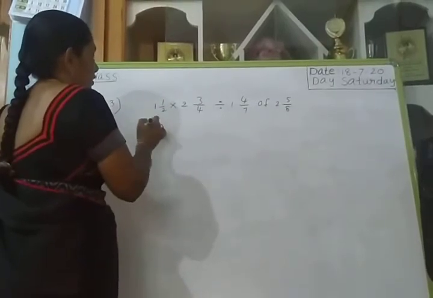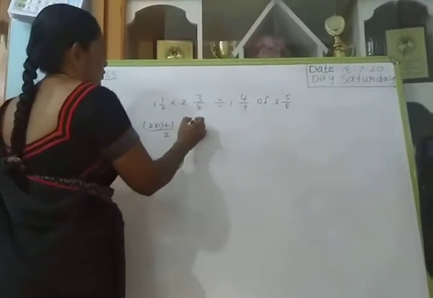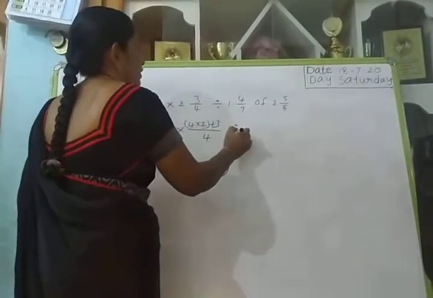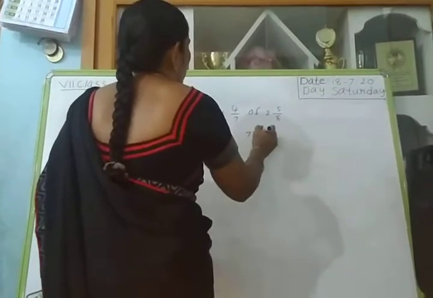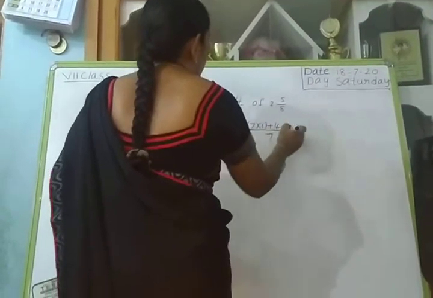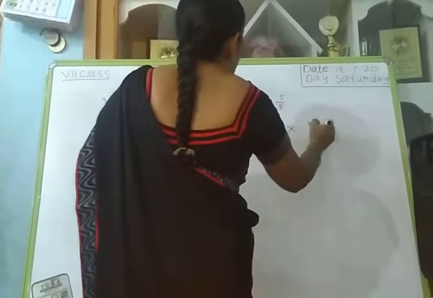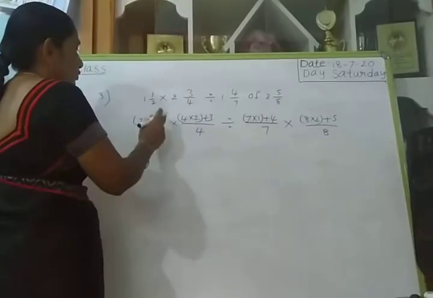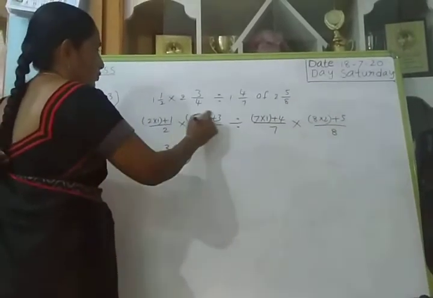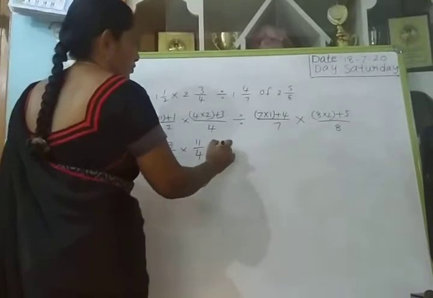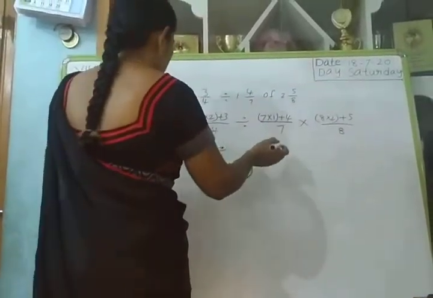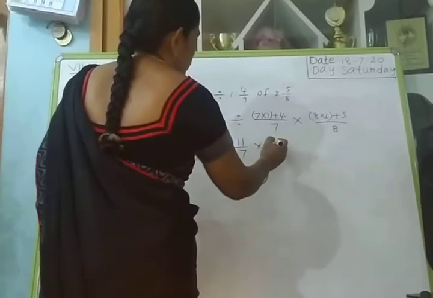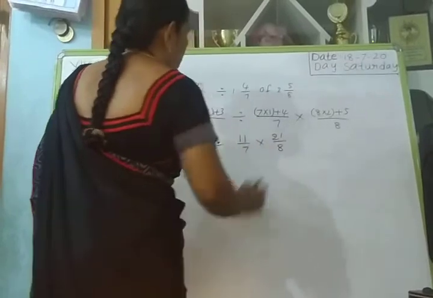See, 2 into 1 plus 1 by 2, into 4 into 2 plus 3 by 4, divided by 7 into 1 plus 4 by 7, of means into, 8 into 2 plus 5 by 8. 2 1s are 2, 2 plus 1, 3 by 2. 4 2s are 8, 8 plus 3, 11 by 4, divided by 7 1s are 7, 7 plus 4, 11, 11 by 7 into 8 2s are 16 plus 5, 21 by 8.